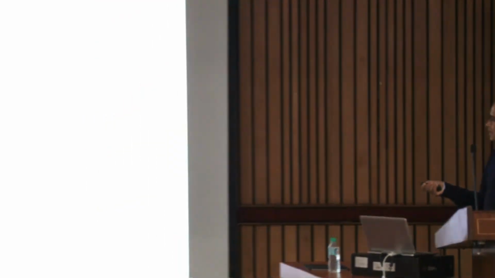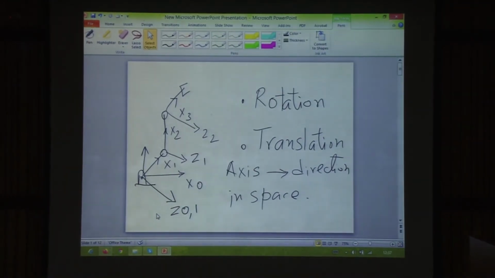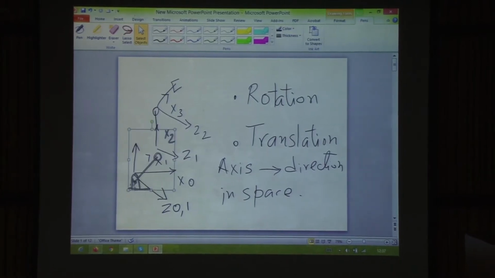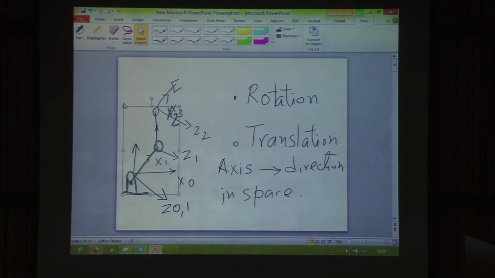So let's continue. Basically what we have seen is that if you define a robot like this, there is a base of the robot which does not move. We are making the assumption here that the base is not moving, and only the end effector is moving.